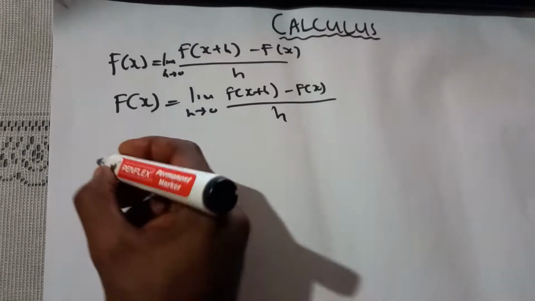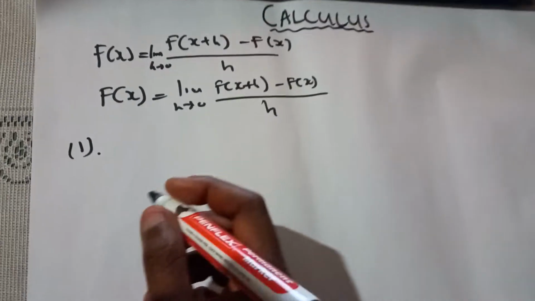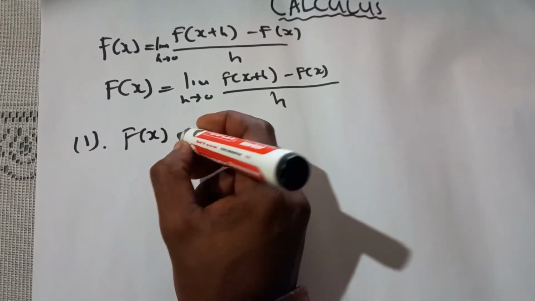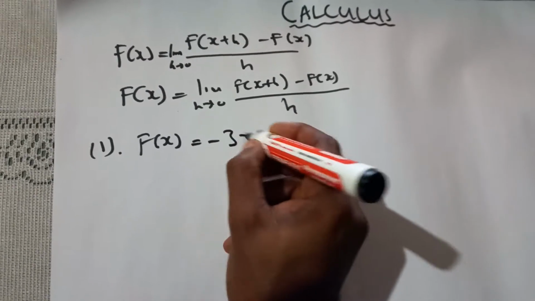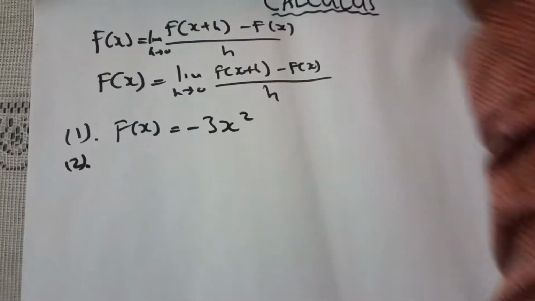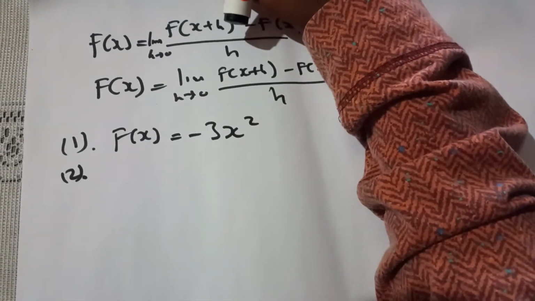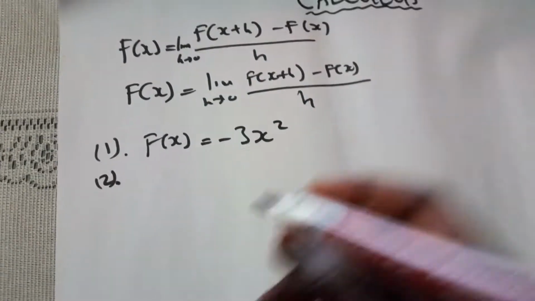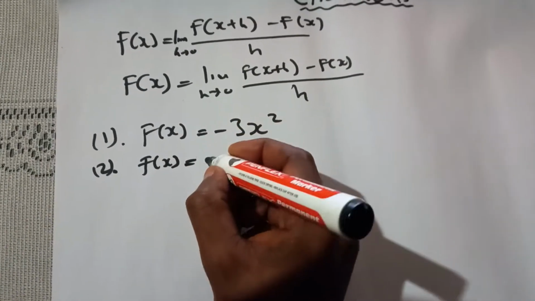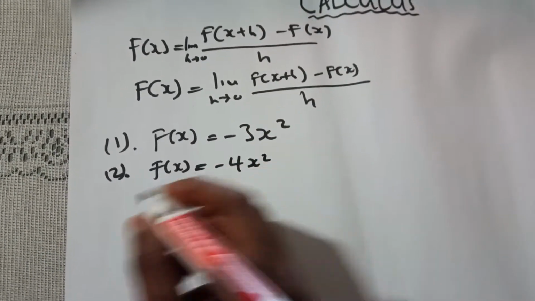The first example we are going to have is f of x equals negative 3x squared. That is the first example. Then the second example will be f of x equals negative 4x squared.